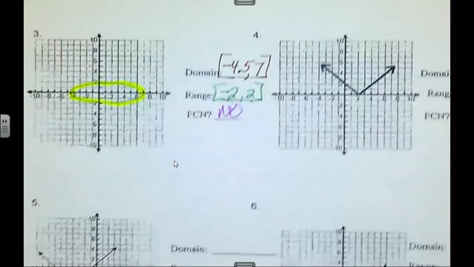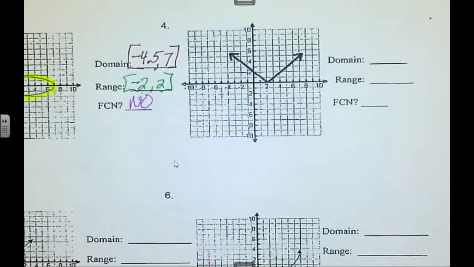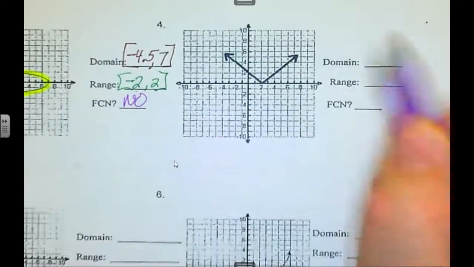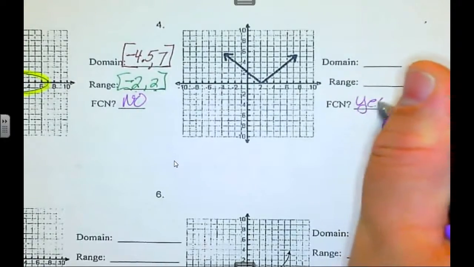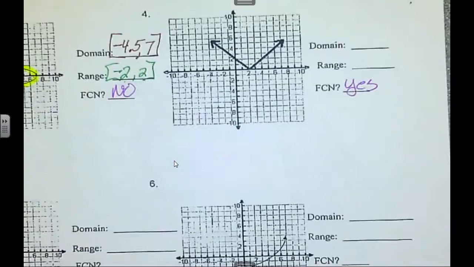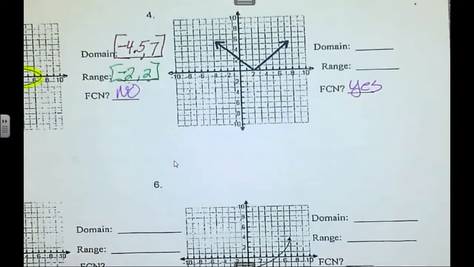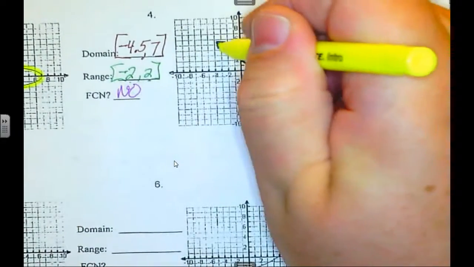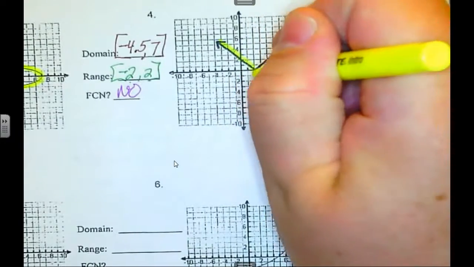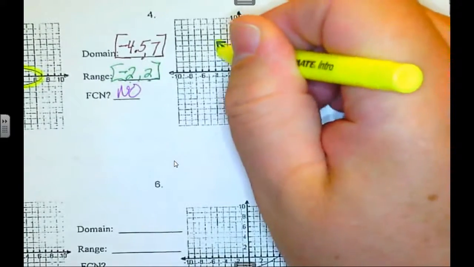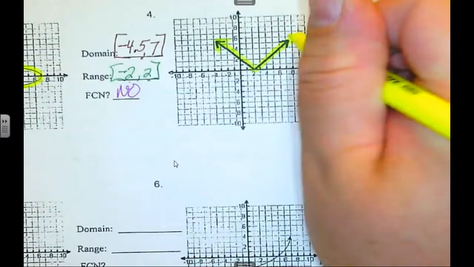How about number 4? Is it a function? Yep. What's my domain? Where does my graph start on the x-axis? Careful, it's an arrowhead.